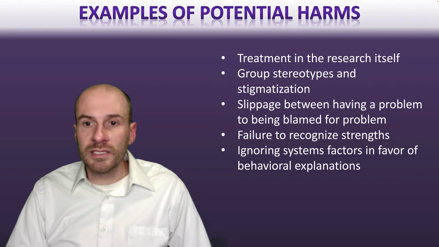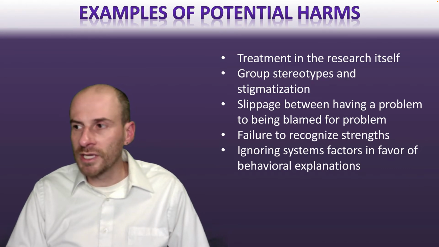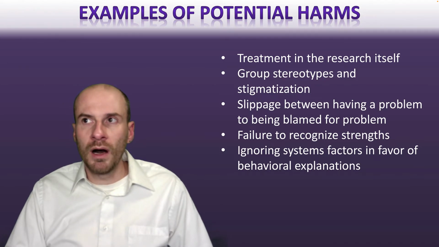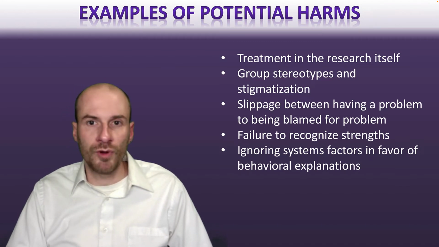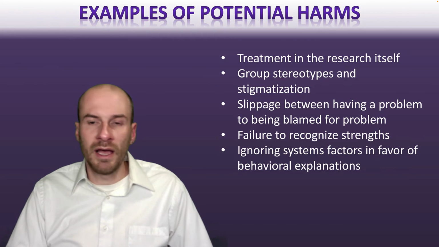Another thing that I think is important to note about ways that research can cause harm is when you start identifying a group with a problem, a health problem, there can be a slippage where you start to then blame the health problem on the group, or blame the group for behaving in certain ways, right? An example of this is HIV.